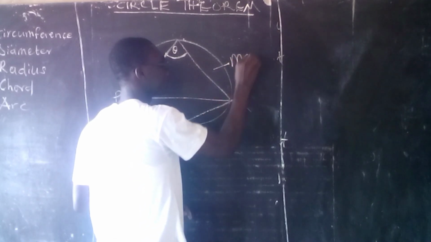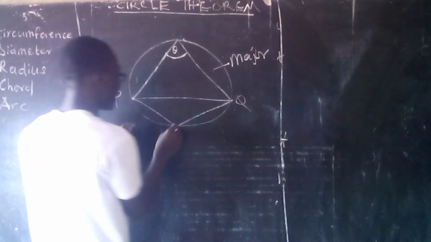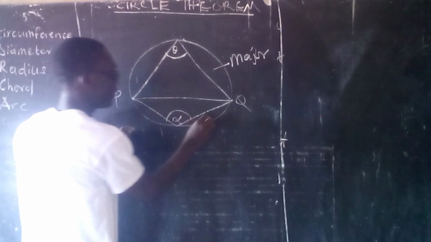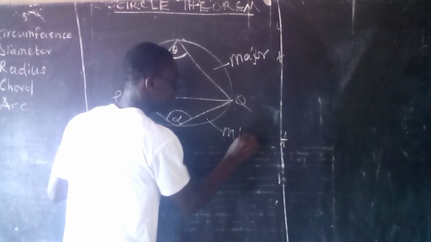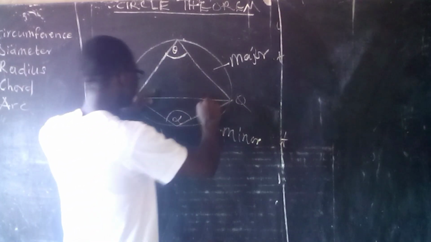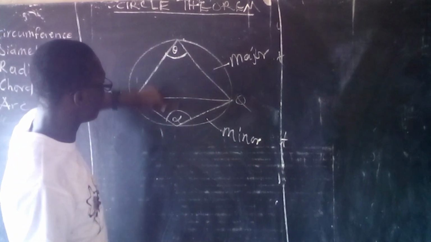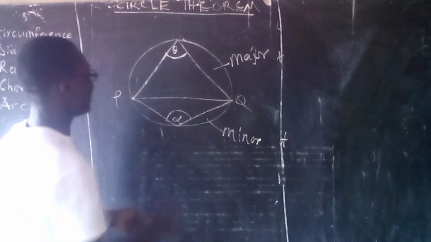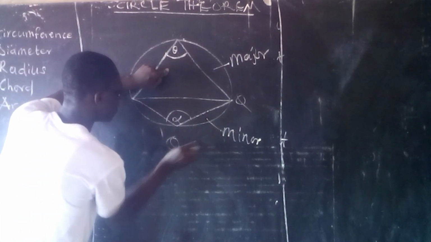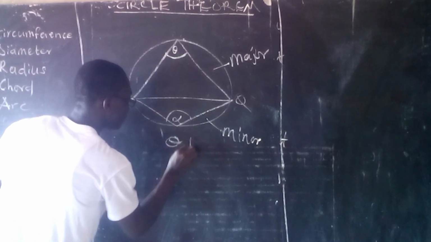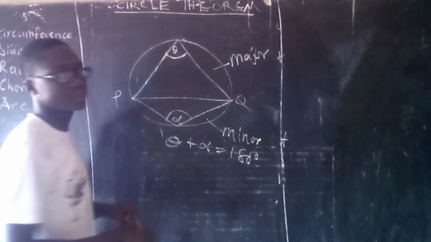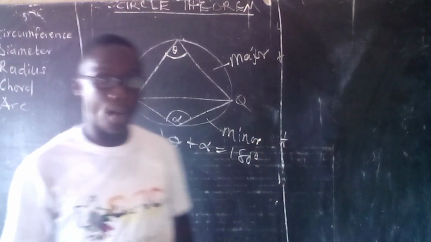And this other angle, let's call it alpha, is in the minor segment. We are saying that since they are from the same chord and they are in opposite segments, their sum gives us 180. So angle theta plus angle alpha gives us 180 degrees. So this is the third property.